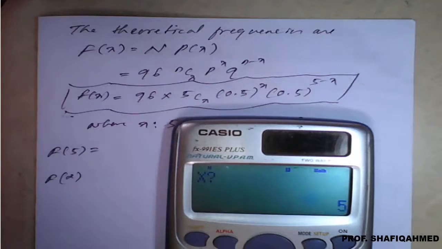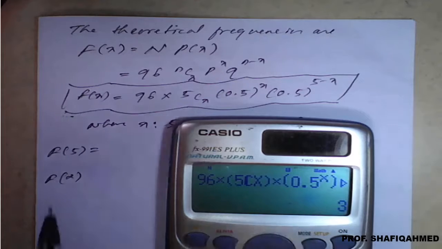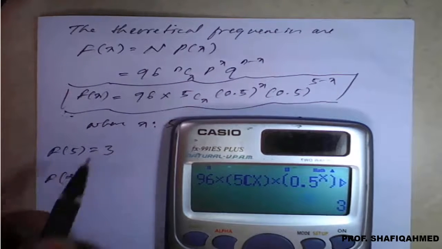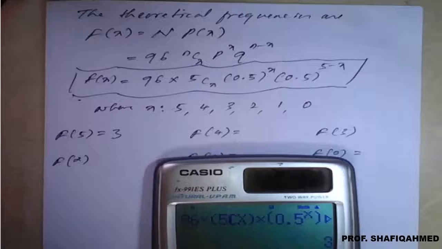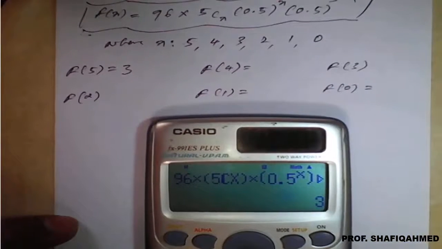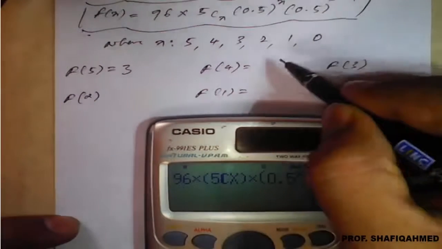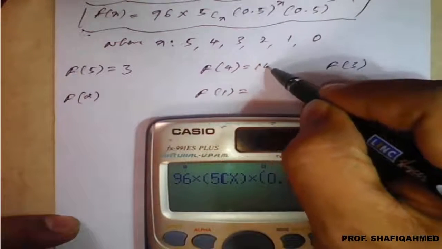So calc option, when x is 5, the answer we are getting is 3. You mention 3 here. Now when x is 4, it will be 15. So mention here 15.